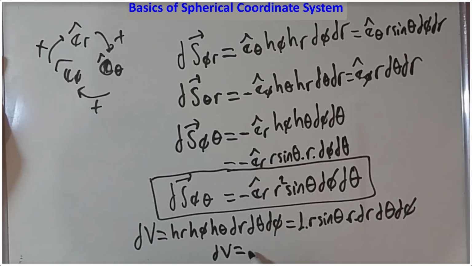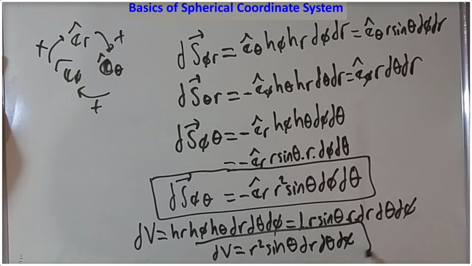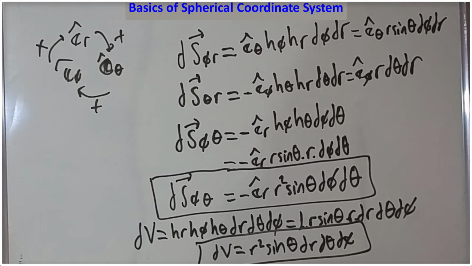As a result, dv is equal to r squared sin theta dr d theta and d phi, my friends. This is how we have proceeded with spherical coordinates.